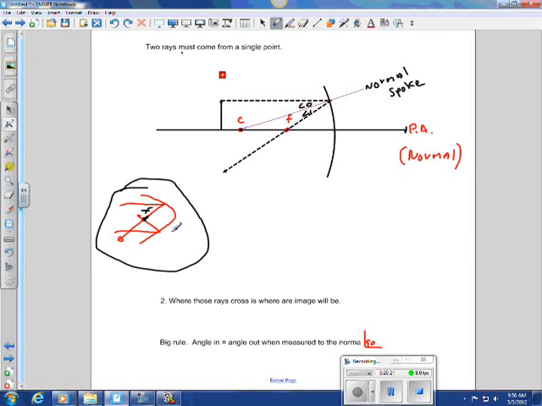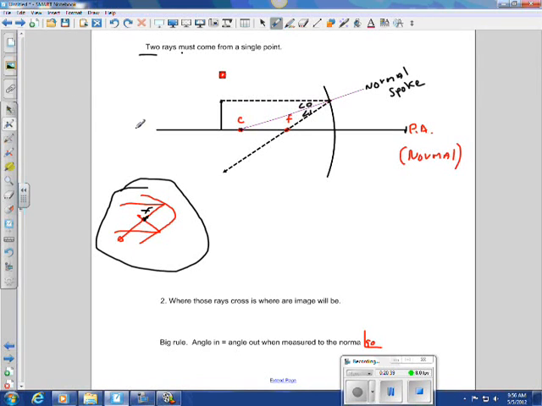Now, I'm not done yet. Remember our rule number 1 up here, 2 rays must come from a single point if you want to find the image.